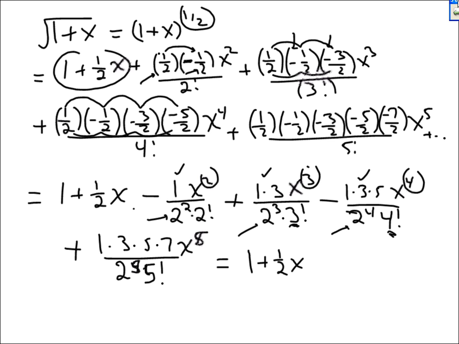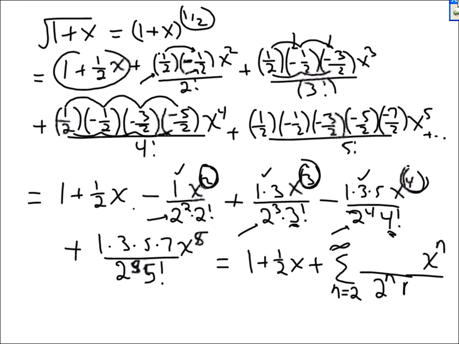Well, so it's plus a summation, as n is going from 2 to infinity, because the power started at 2, and then 3, 4, 5. So the power will be x to the n, and on the bottom we always have 2 to the n times the n factorial.